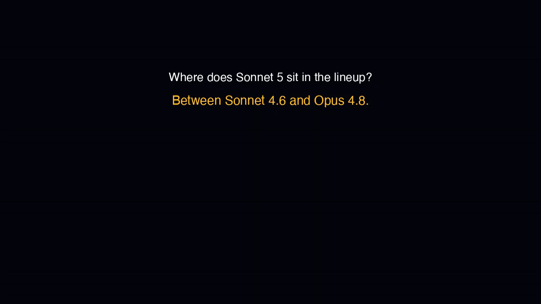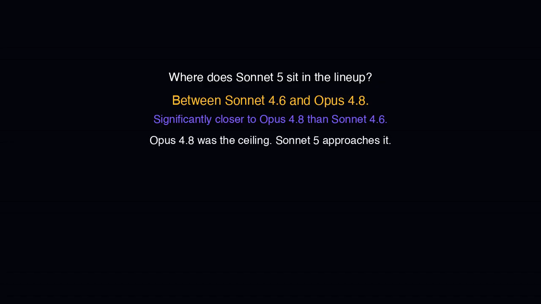Sonnet 5 approaches that ceiling at a fraction of the cost. For most real-world tasks, the gap between Sonnet 5 and Opus 4.8 may not be practically meaningful. Terminal bench. Multi-step reasoning. Extended context tasks.